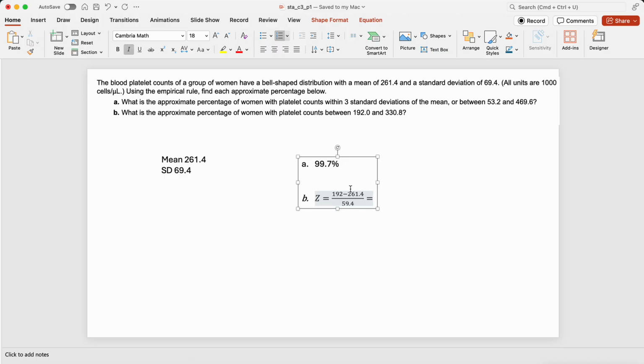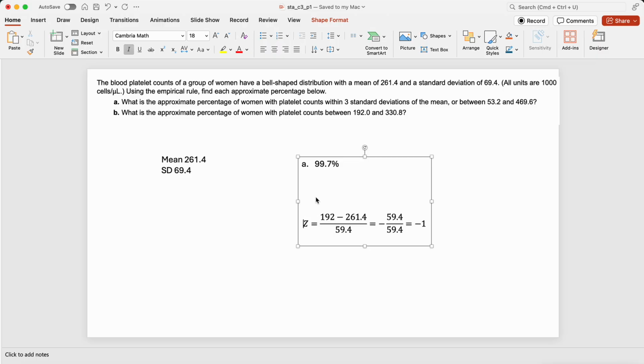If you work this out, you're going to end up getting negative 69.4 divided by 69.4, which is, of course, negative 1. And so I want to put that on a new line if I can, but it's not letting me. Here, we can do this. All right, so there's the first one.